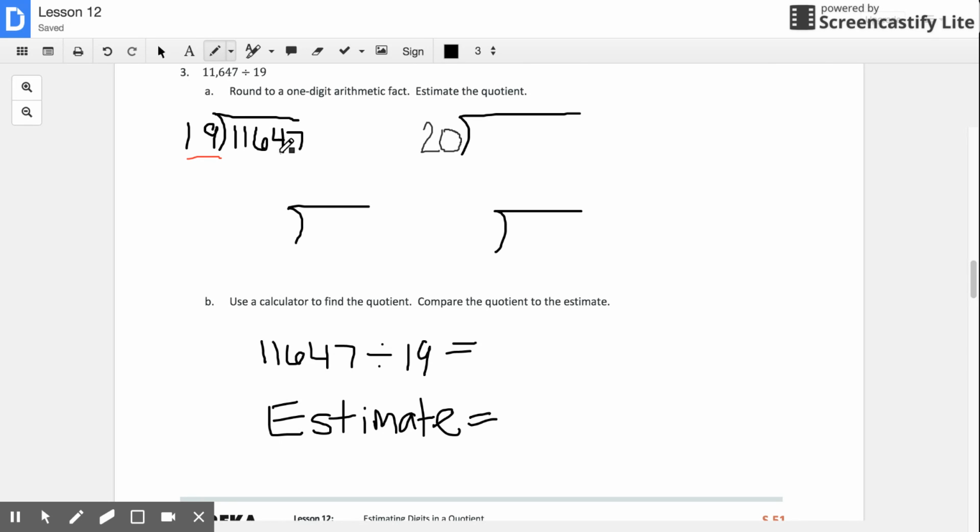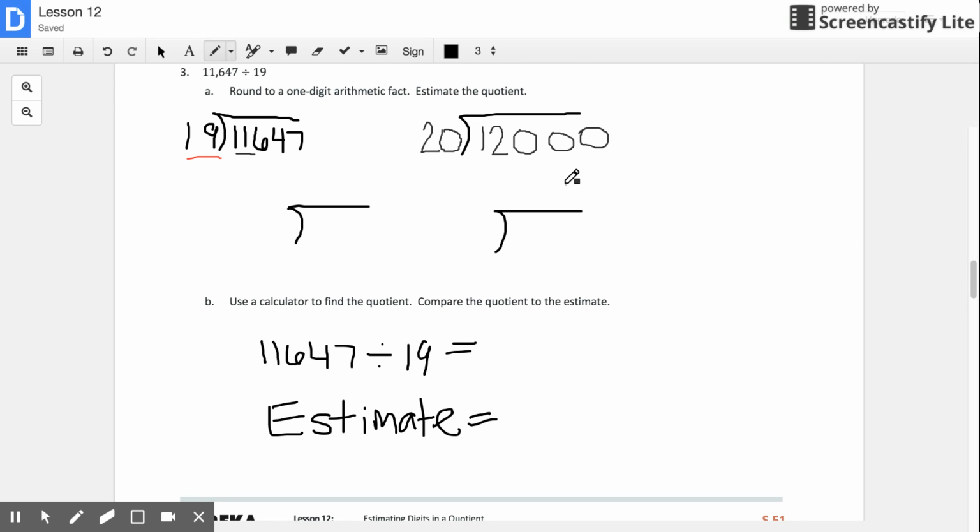And since I have 20 here, I think that will be more manageable to round it up to 12,000. So we're going to take this 11, round it up to 12, so that we have 12,000, because multiples of 2 don't typically go well into odd numbers. And everything after the 11 is going to be a 0.